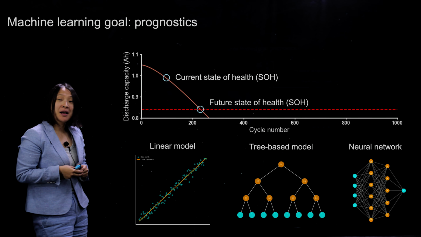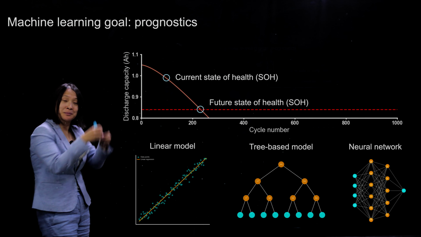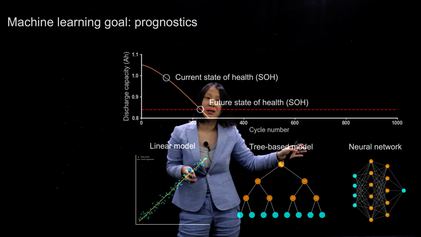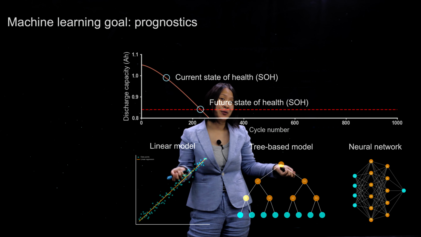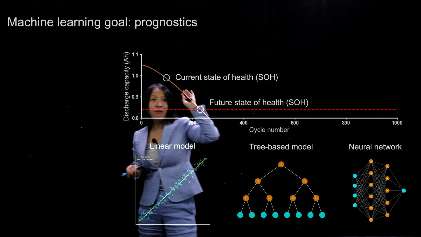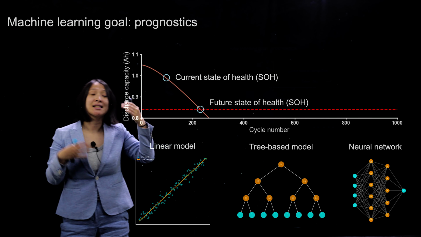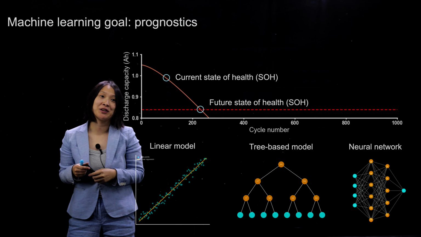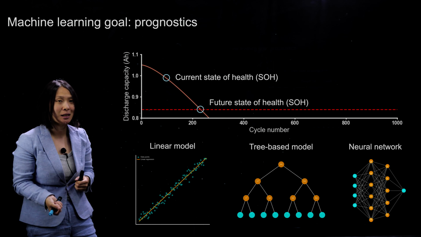The linear model, tree-based model, and neural networks are the three popular regression model types for battery prognostics, just like in the diagnostics problems.